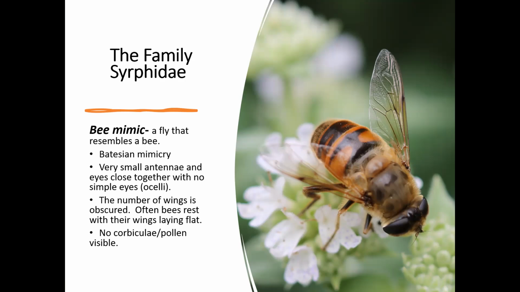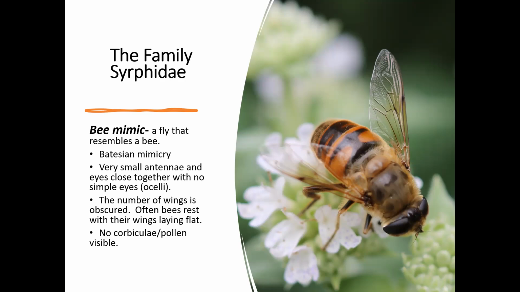But this guy is very smart, because if you look at his abdomen, it looks an awful lot like a bee, doesn't it? And if you were a bird or something else that was thinking of eating a fly, but knew to stay away from bees because they can sting, this little insect has figured out that mimicking a bee is a good thing. So in this case, this is Batesian mimicry.